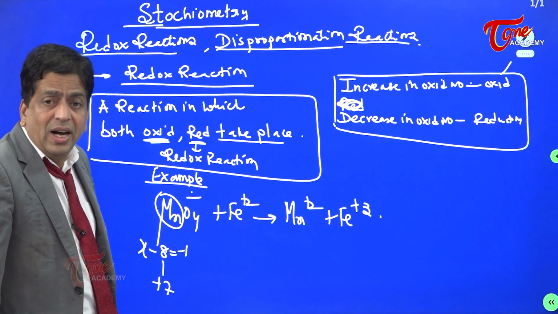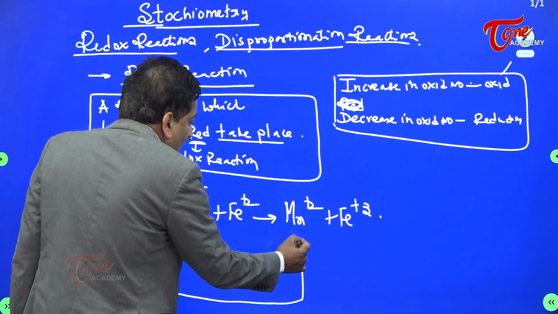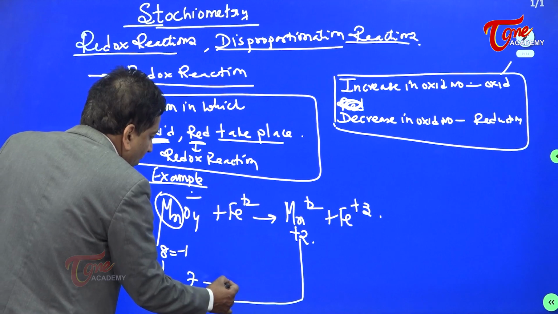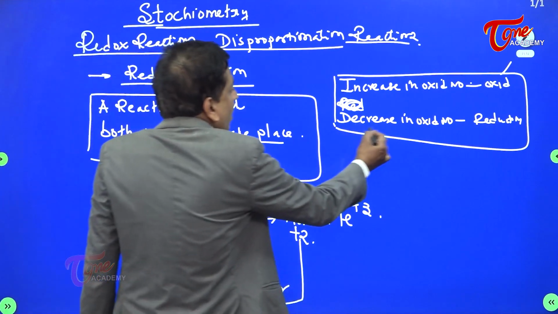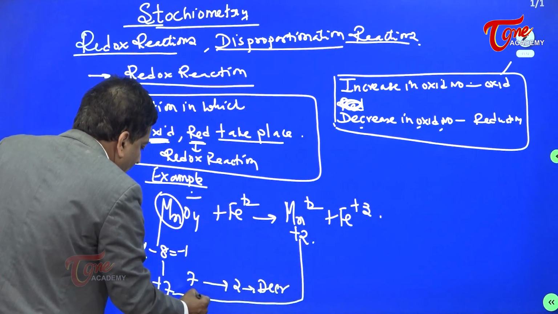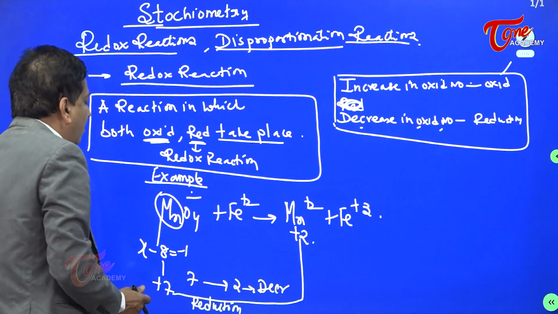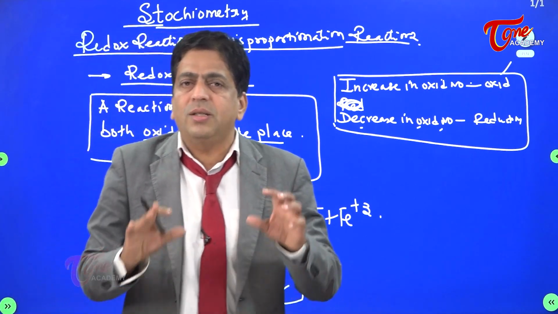And now manganese is plus 2. So 7 to 2 is a decrease, and when you have a decrease in oxidation number, it's reduction. So manganese is reduced from plus 7 to plus 2.